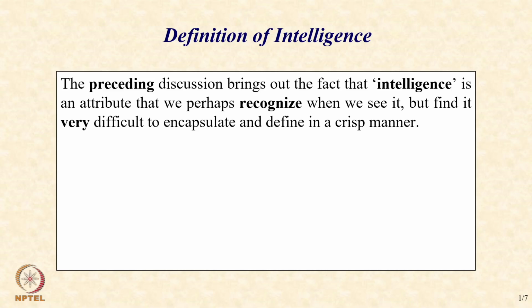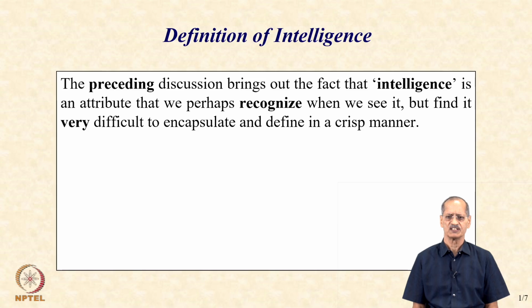So, one fact that we have realized in the preceding discussion, that intelligence is something that we perhaps recognize when we see it, but we are going to find it very difficult to encapsulate and define in a very crisp manner. So, this is the basic problem. We can recognize it, but we cannot really define it in a crisp manner.